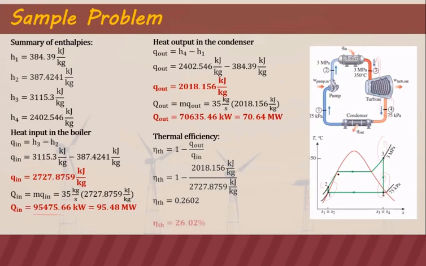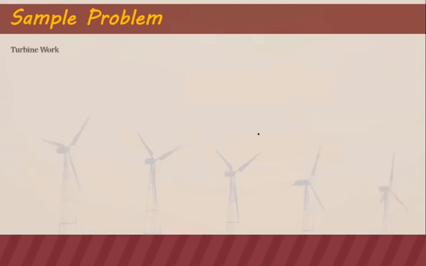So from that, we can get the turbine work as the change of enthalpy between 3 and 4, that is H3 minus H4. It is output because this is a work that is expected that we can produce from the expansion of that turbine. Note that connected to the turbine is our generator, right?